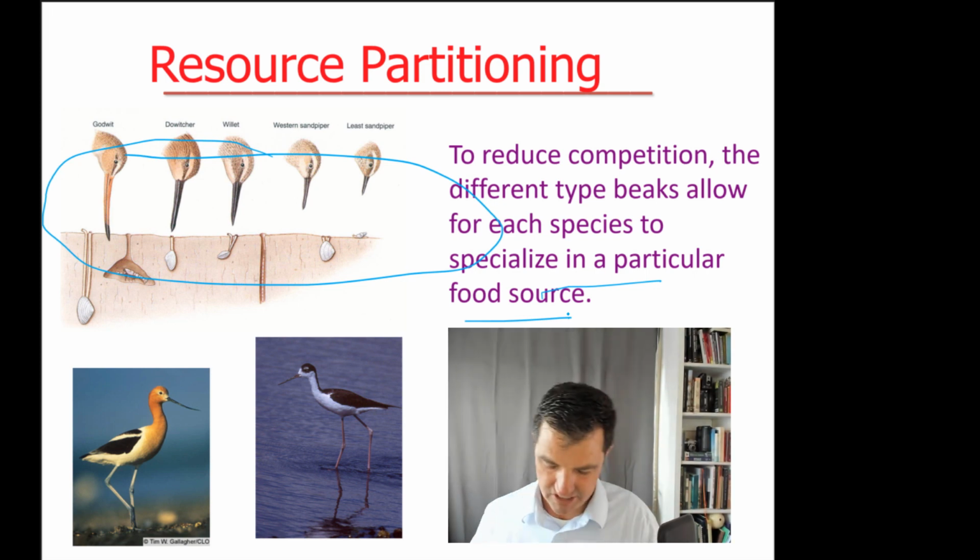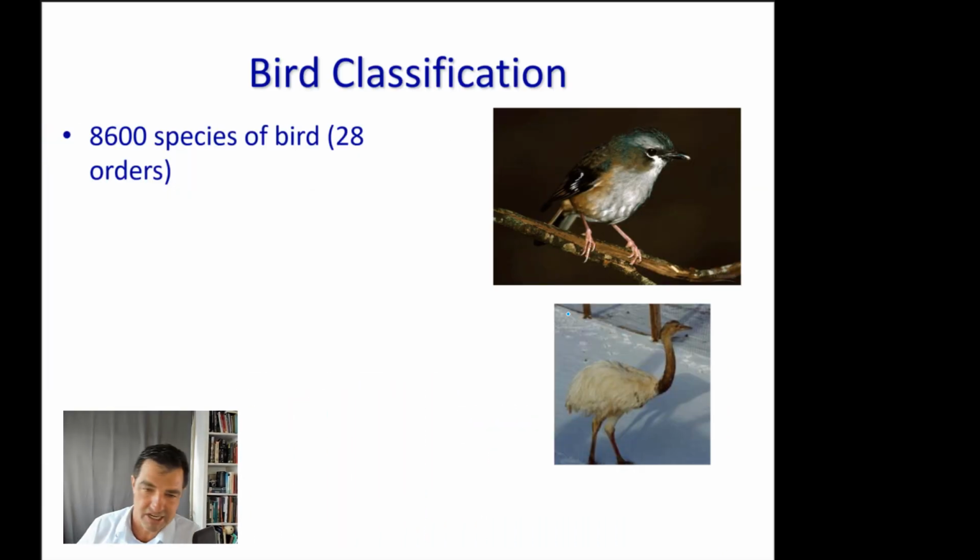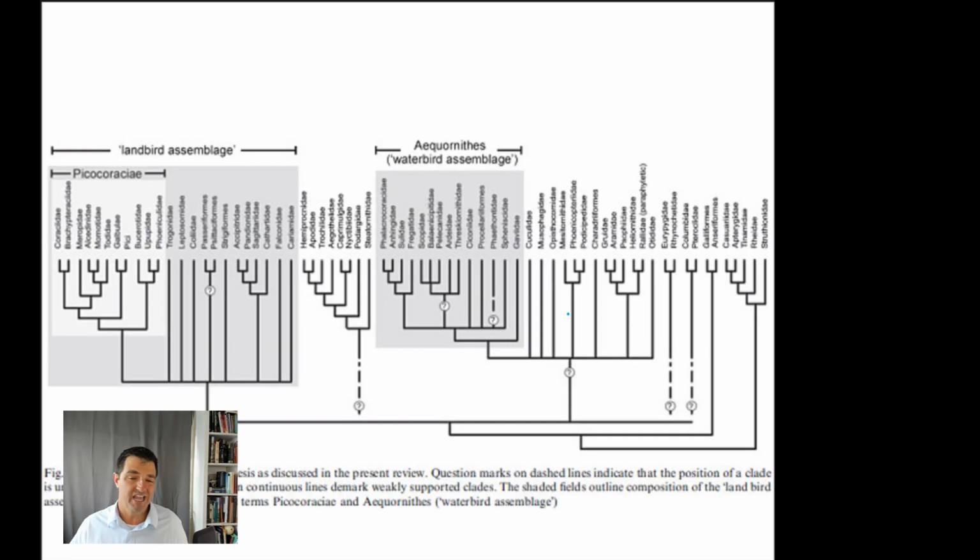When we talk about birds, there are many birds, 8,600 species, one of the biggest groups, next to fish. I think it's maybe the second largest of the group. Mammals might be close to that, but fish definitely wins in terms of vertebrates, and then birds is up there pretty close at around 8,600 species, 28 orders.